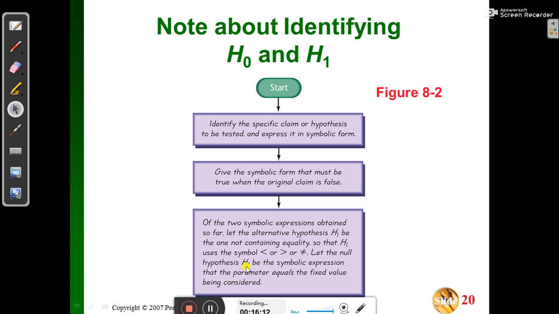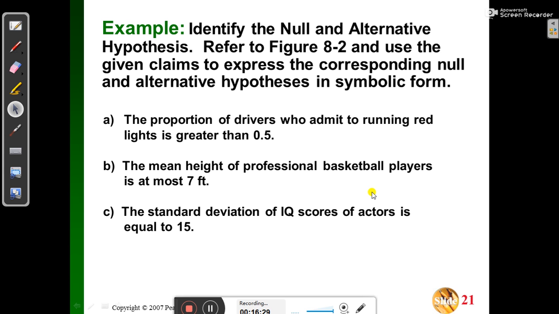Let the null hypothesis H0 be the symbolic expression that the parameter equals the fixed value being considered. So that is the process to state your null or alternative hypothesis in mathematical form.